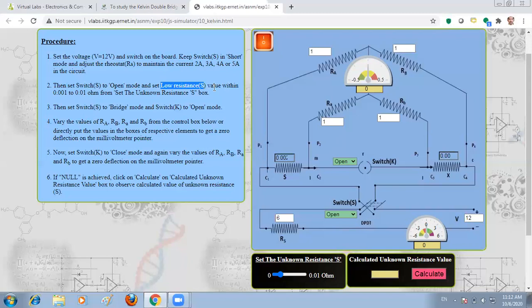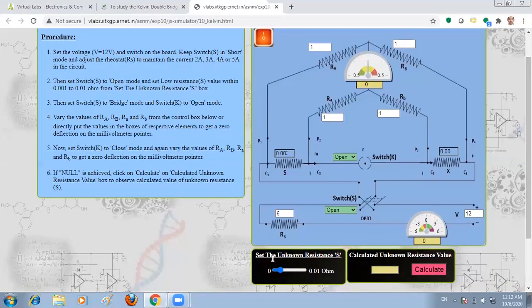Then set low resistance S within 0.001 to 0.01, from the set unknown resistance S box. Here that box is given, set the unknown resistance S. So we have to set this resistance S ranging from 0.001 to 0.01.